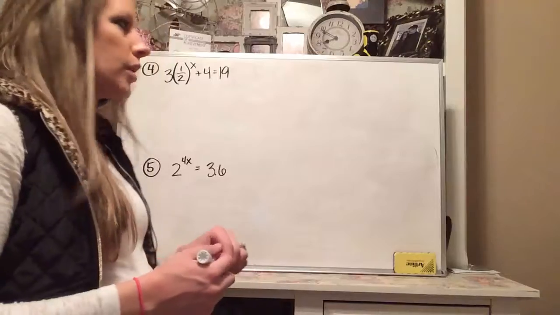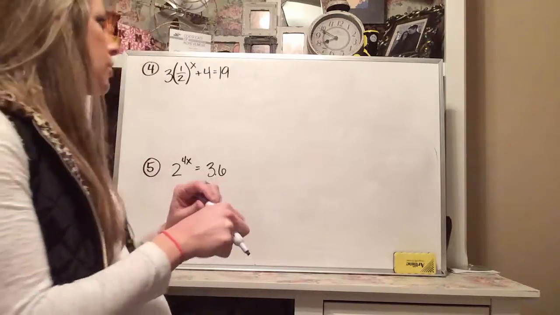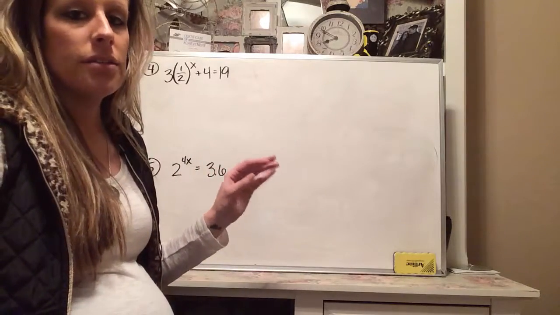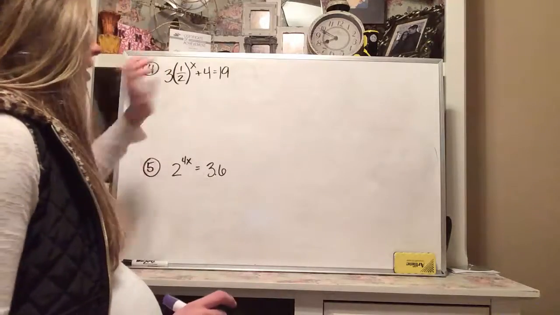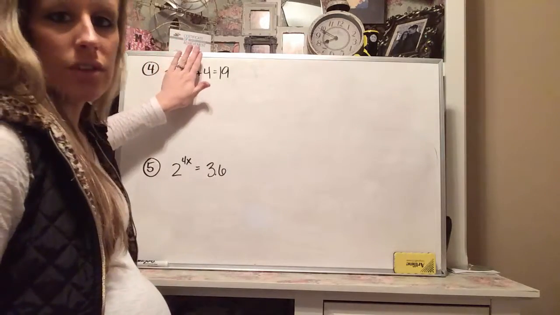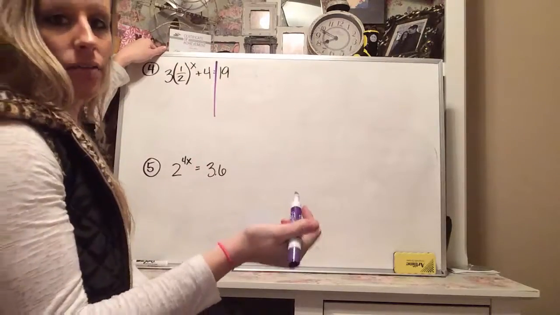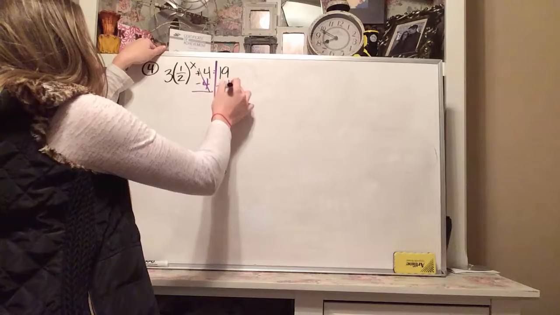Alright, here's number 4. You should have already tried to work this out, so I'm going to go kind of quick. We need 1/2 to the x power to be by itself before we can take the log of both sides. Okay, so save that term for last. I'm going to add, the opposite of adding 4 would be subtracting 4 to both sides.